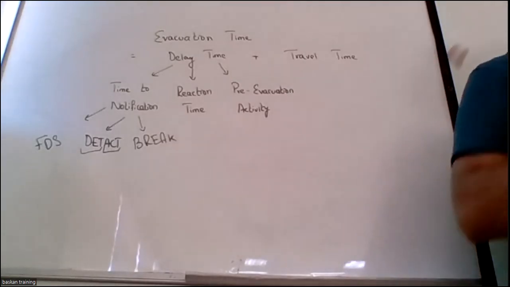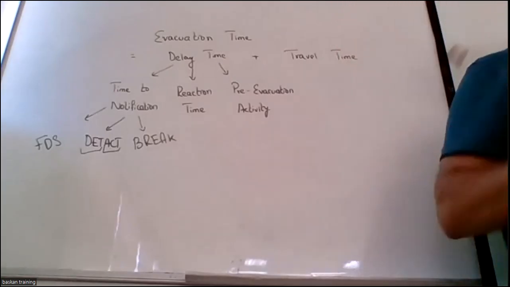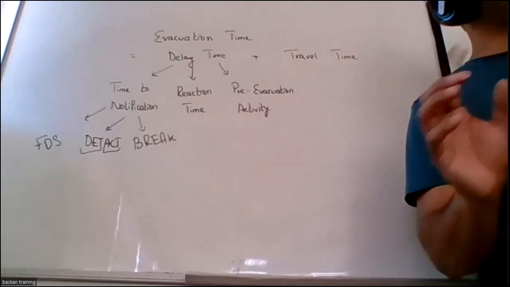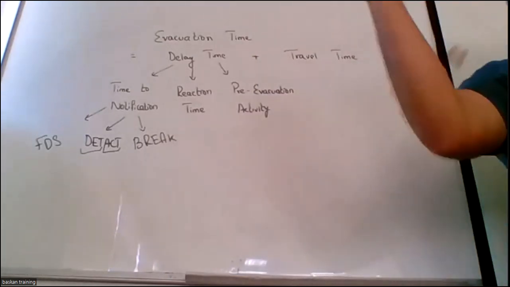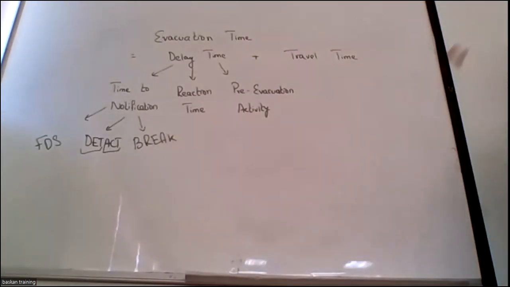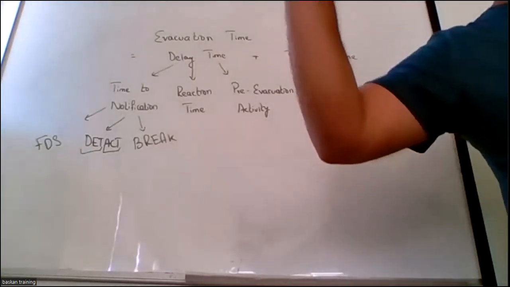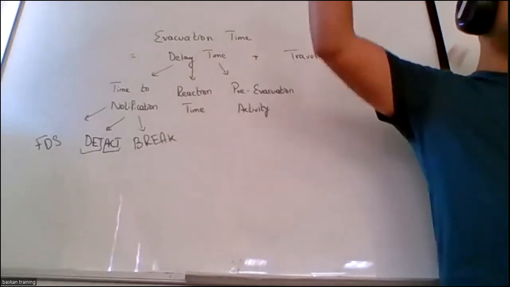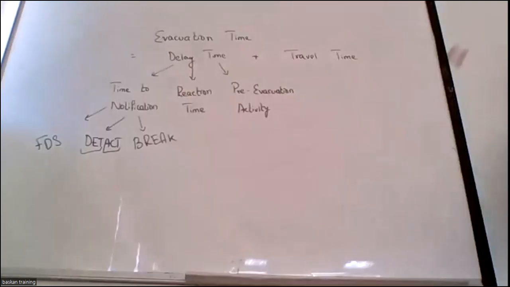All is done as a simulation, and then they identify where the initial heat and smoke are going to go, and provide you the information on where you can place your detectors, so that you get an effective response. It also shows where you need smoke barriers and fire barriers for vertical and horizontal protection. So for that purpose, fire dynamic simulation is also used to provide you time to notification.